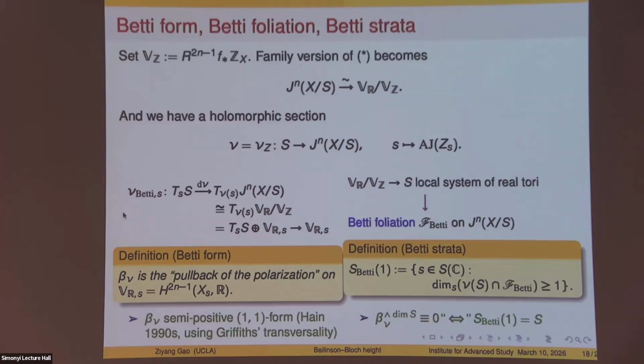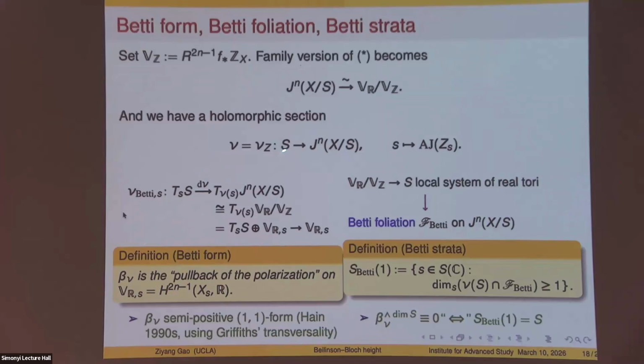So we have no control of this form. But if we put it back further to S, this S is algebraic, basically the only algebraic thing in the story in general. Still, we get something semi-positive. This is by Griffiths' transversality.